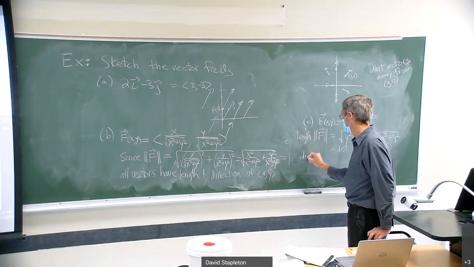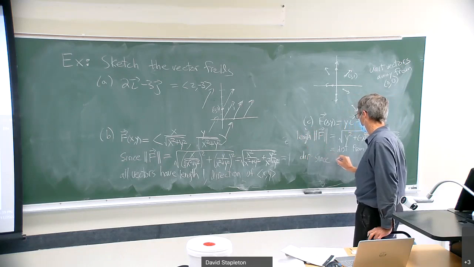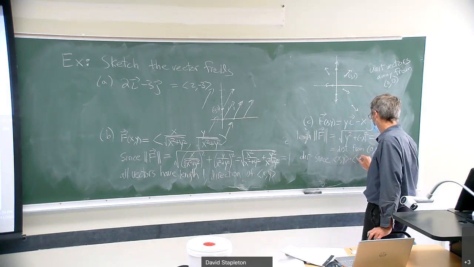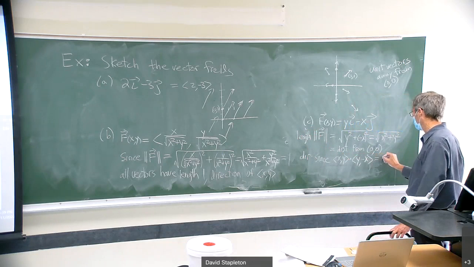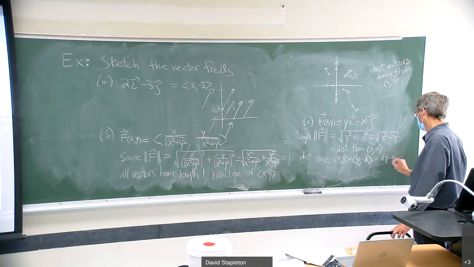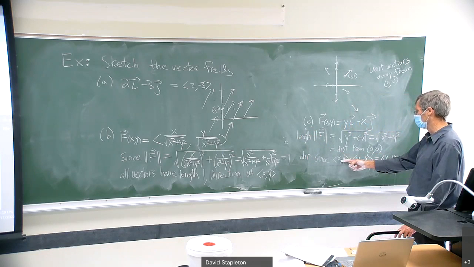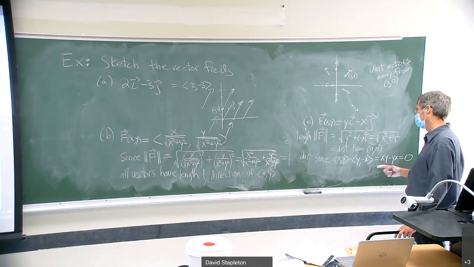Well, if you dot product the vector x, y with this vector y, minus x, we get x y minus x y. It's 0. What does that tell you? It's perpendicular to the vector from the origin to the point x, y that you're at. I just said it.